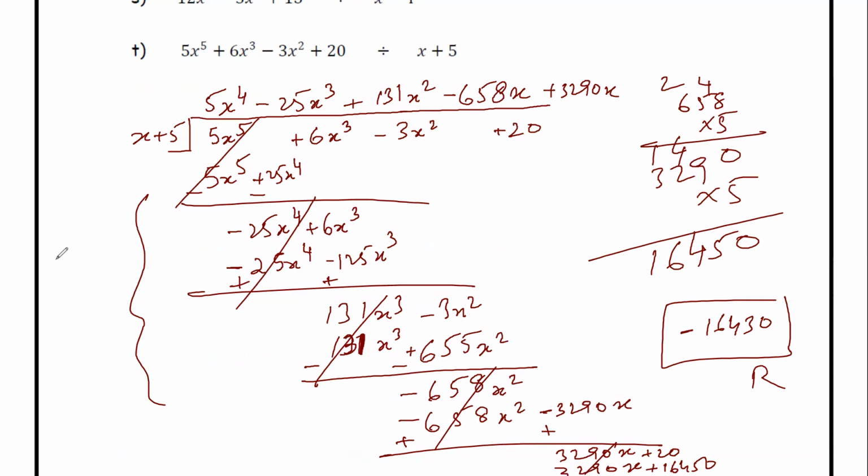Ah, there it is. Negative 16,430. So you're right. Ain't that cool?